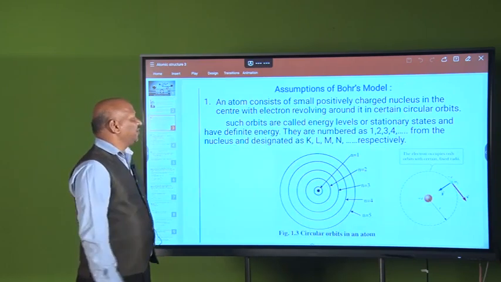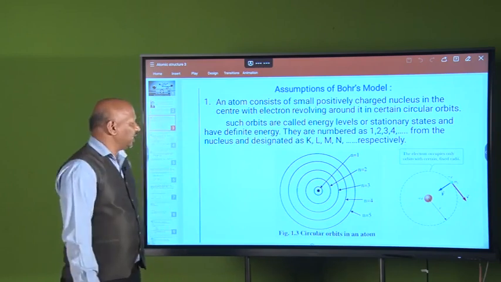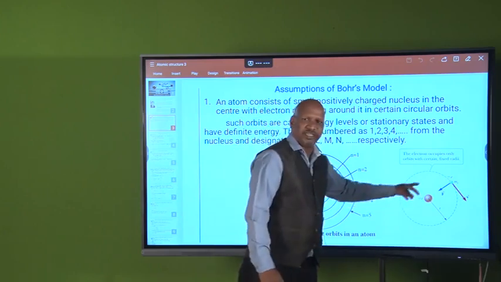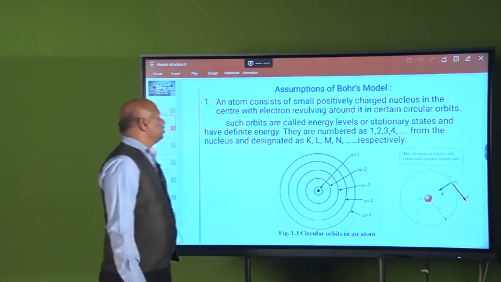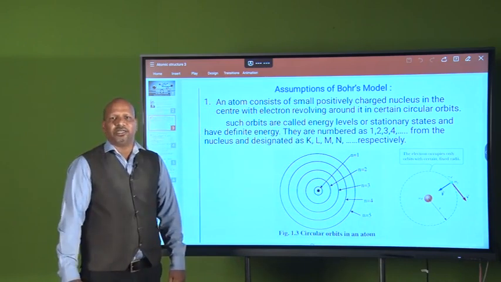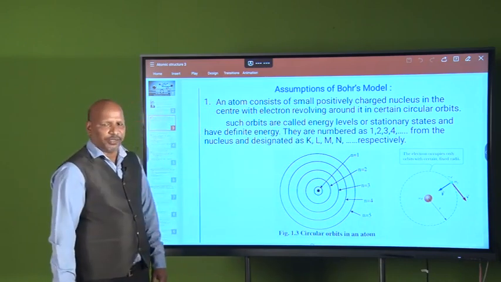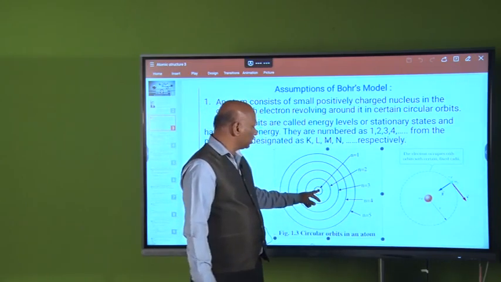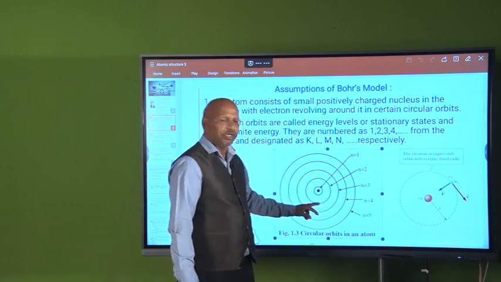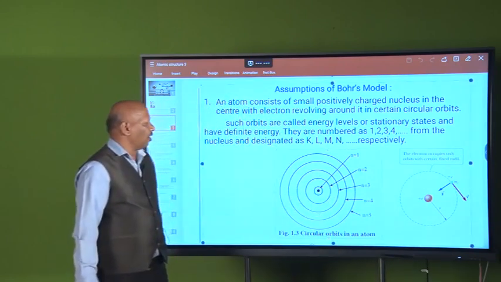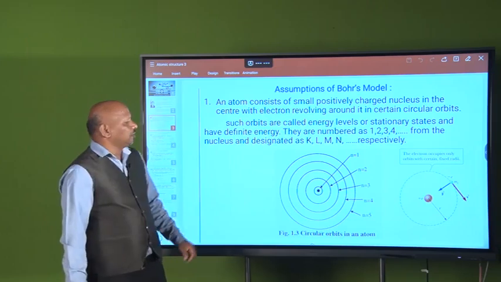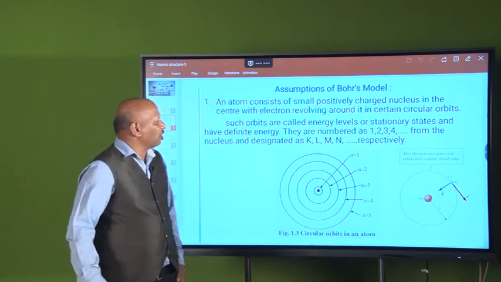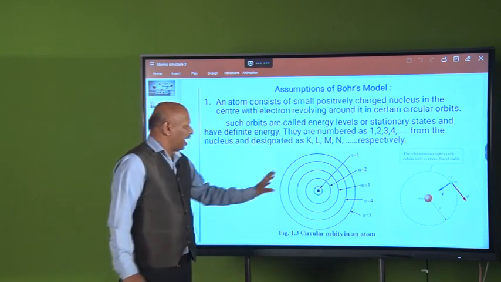The first assumption of the Bohr atomic model is that an atom consists of a small positively charged nucleus at the center and an electron revolving around it in a certain circular orbit. Such orbits are called energy levels or stationary states, and they have fixed energy.